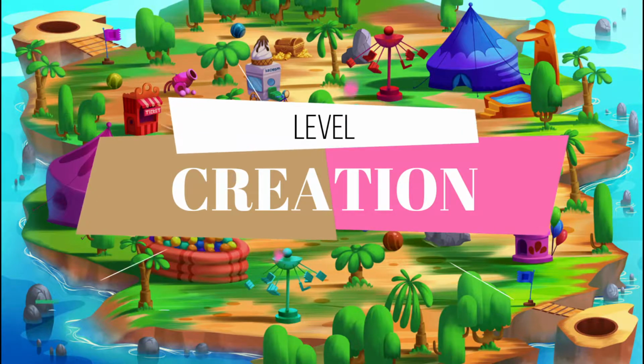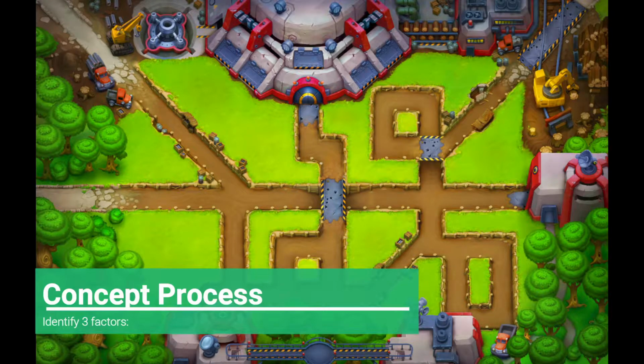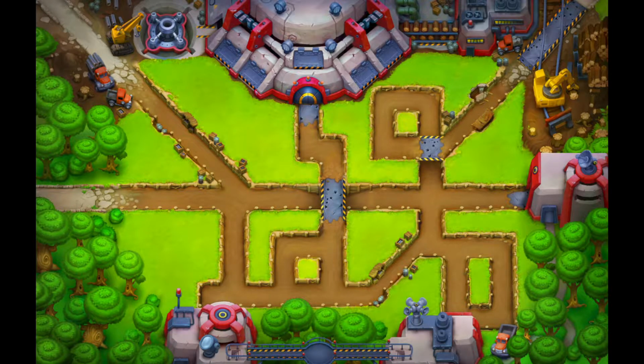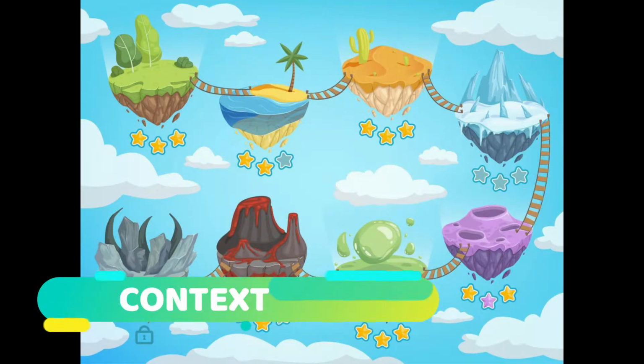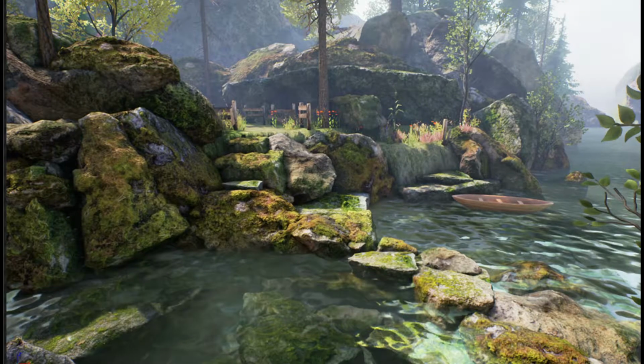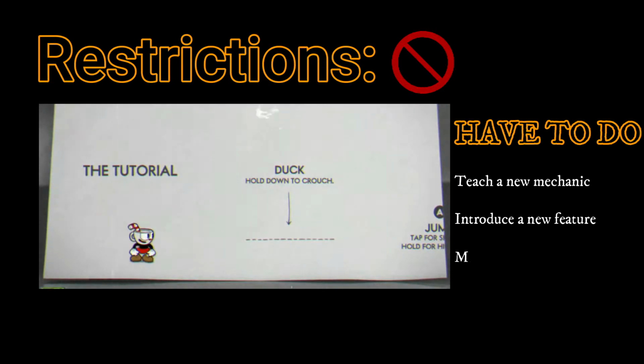To begin your concept process, the first thing that you should do is nail down the restrictions, goals, and context of your level. Now, what do I mean by that? Well, first off, restrictions. These are things you have to do.